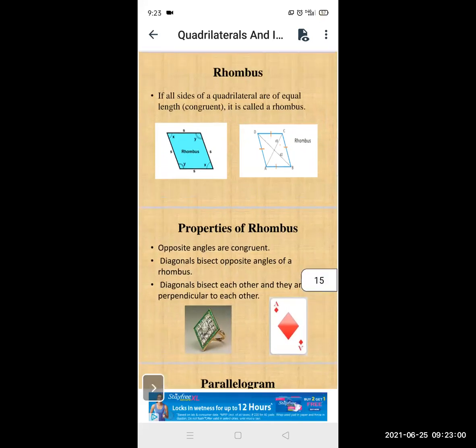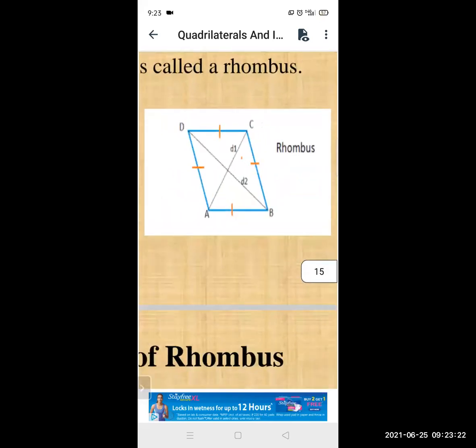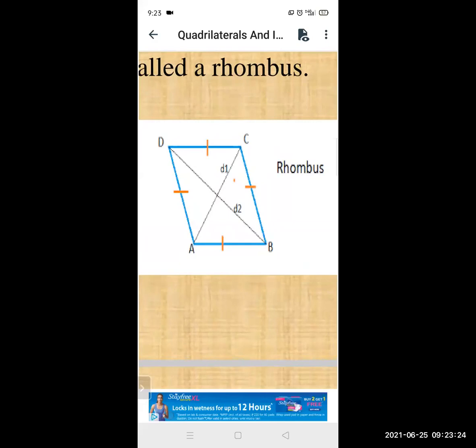What is the second? Diagonals bisect opposite angles of a rhombus. Again, the same property. This is the third time it is repeating. In a rectangle it was there, the diagonal bisects opposite angles. In a square it was also there. Now in a rhombus also. Here two diagonals are there, AC and BD.